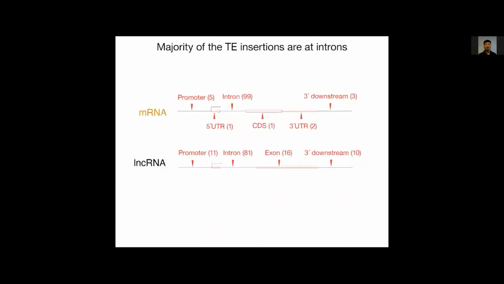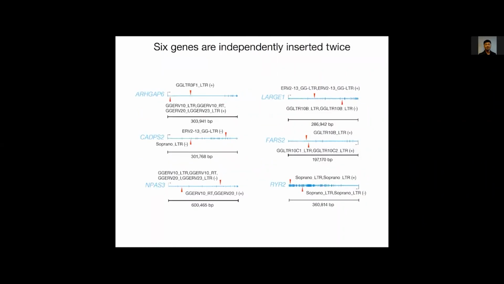The majority of the insertions for the mRNA and lncRNA are in the intron region, with only a small percent in the exonic region. We also found that 6 genes were independently inserted twice. So that suggests there could be some functional relevance for these insertions.